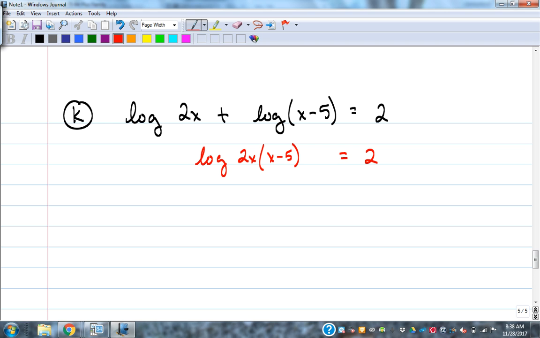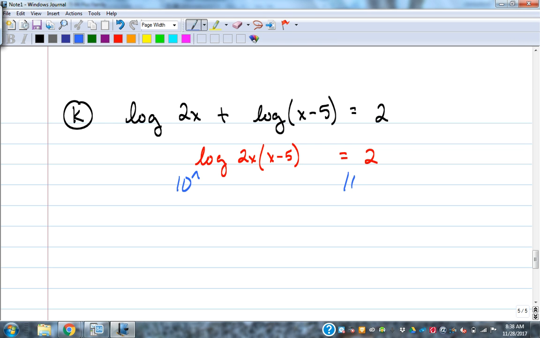Now there's only one log in the problem. And 1 is easier to get rid of than 2, right? What base is that log? 10, right? Anytime it's not written there, it's a 10. So if the base is 10, what do I use to exponentiate with? 10.